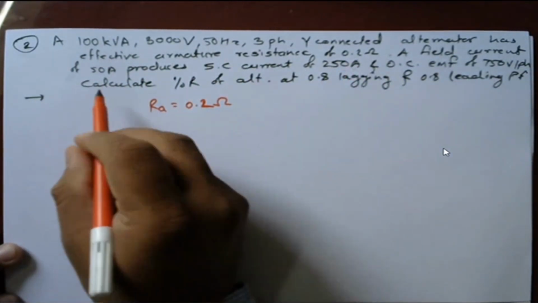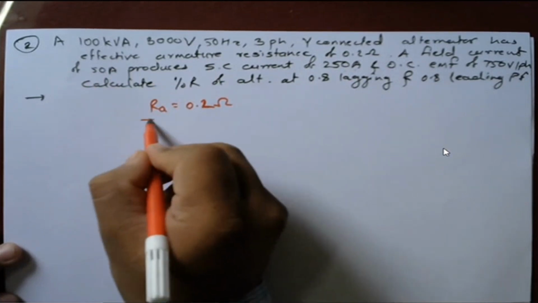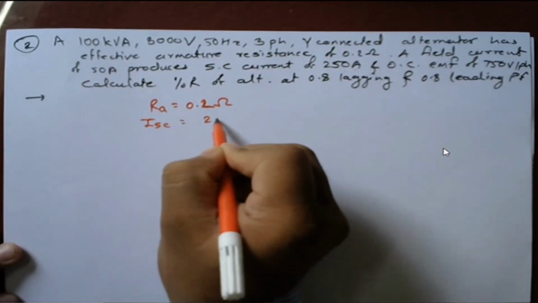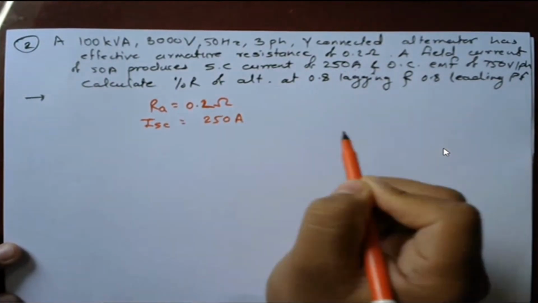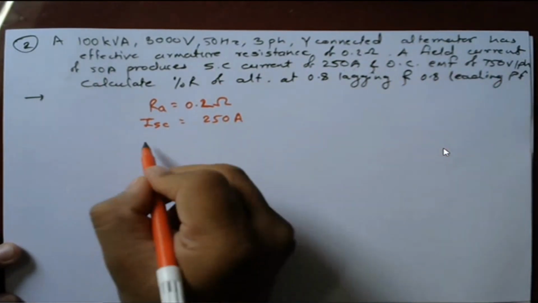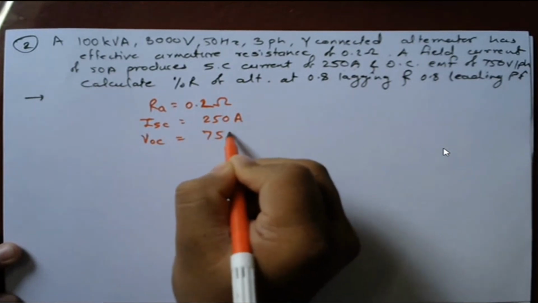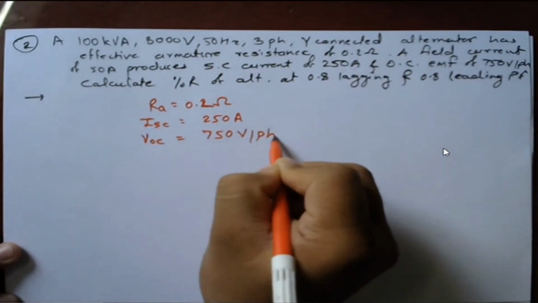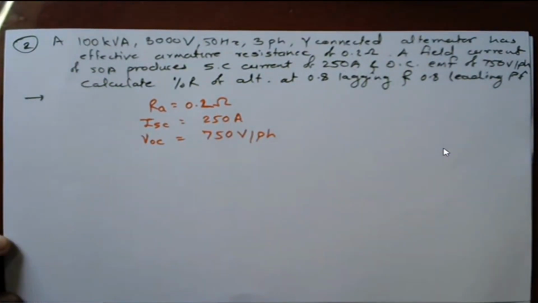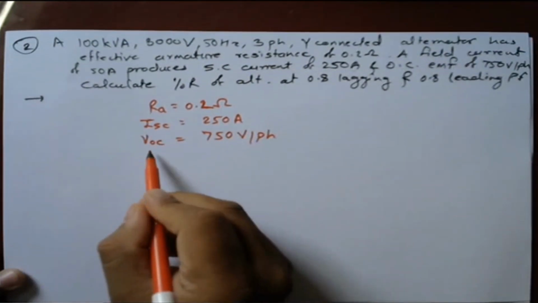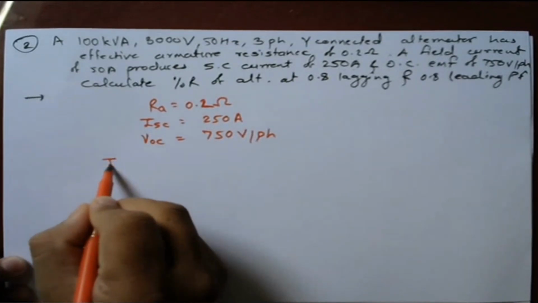That means for If equal to 50 ampere, Isc is 250 ampere. Then open circuit voltage Voc is 750 volt per phase. Again, you have to calculate the percentage voltage regulation. Just try to solve it. Isc is known, Voc is known. I have to calculate Ia.